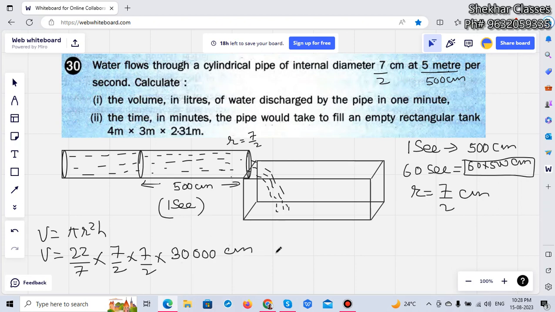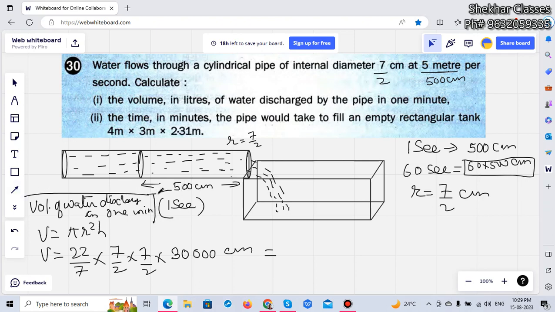If you calculate this, you will get the answer, and that will be the volume of water discharged in 1 minute, which is 60 seconds.